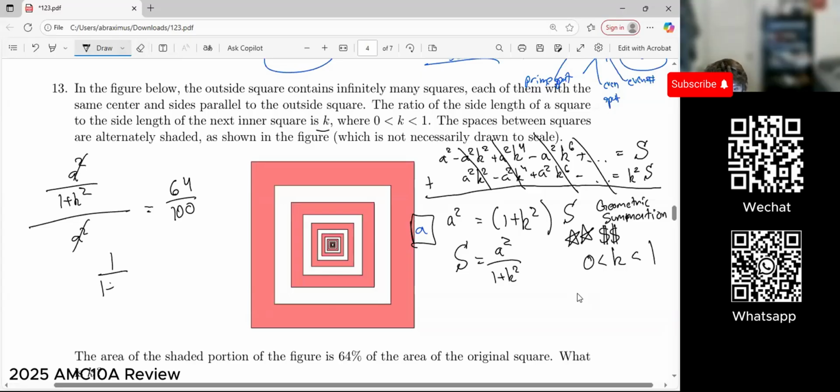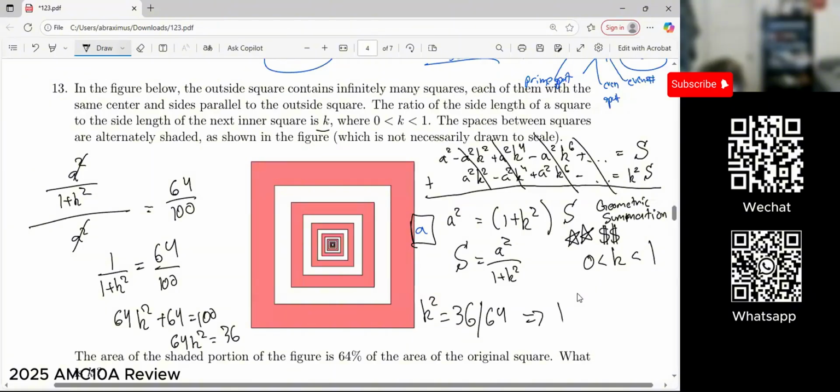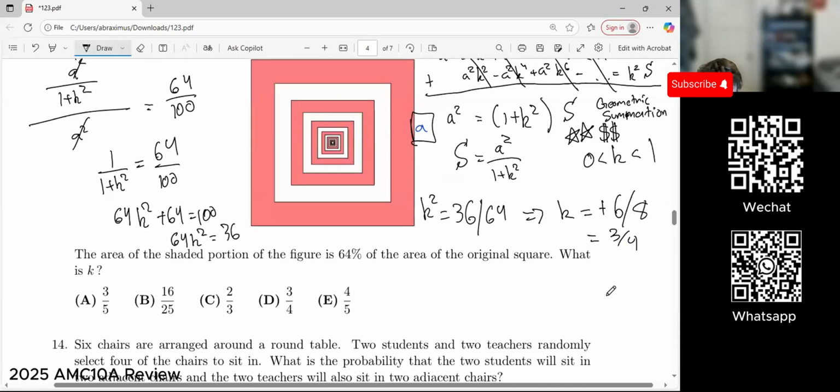And so we have 1 over 1 plus k squared is equal to 64 over 100, or 64k squared plus 64 is equal to 100, or 64k squared is equal to 36, or k squared is equal to 36 over 64. Take the square root, we get k, taking the positive square root, is equal to 6 over 8, or 3/4. So what is k? K is 3/4, which is D.